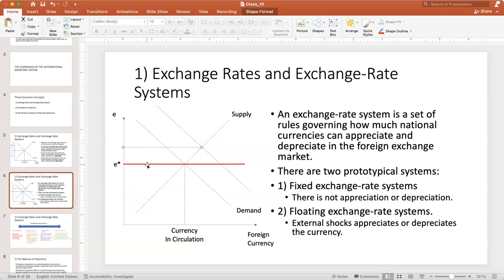However, if you are in a fixed exchange rate system, this is not possible, because the final price is at an upper level than the fixed level.